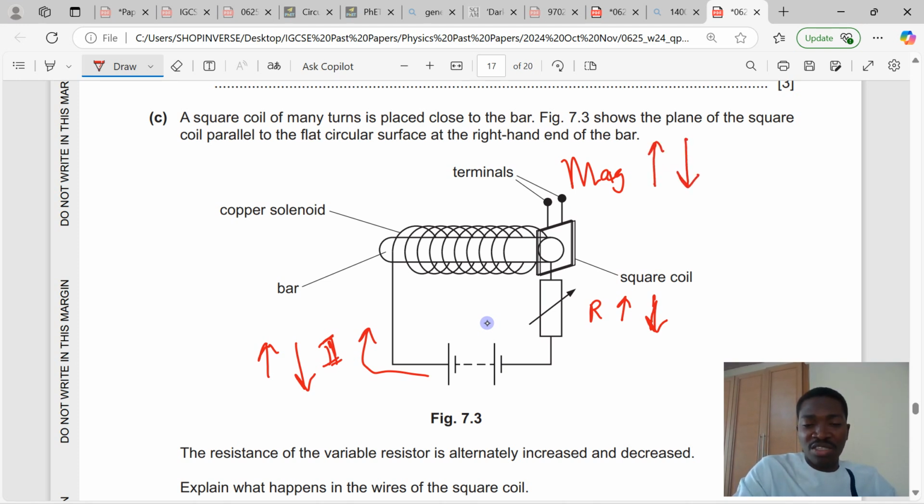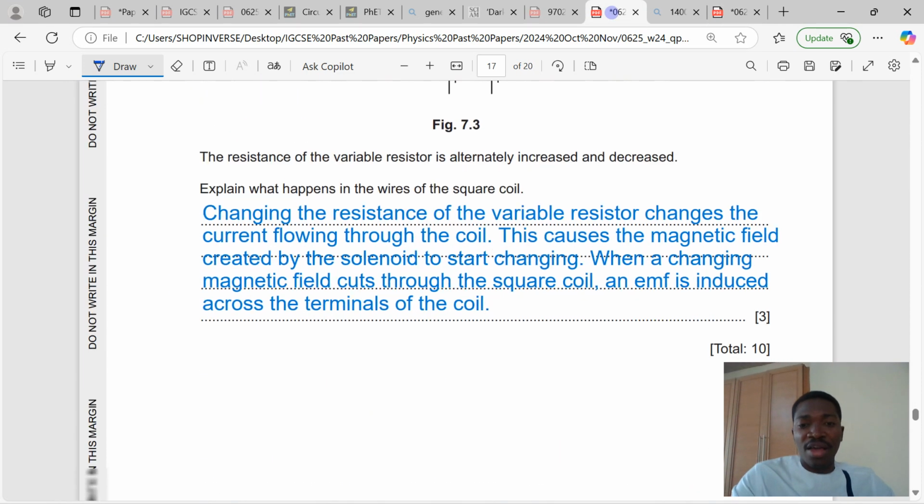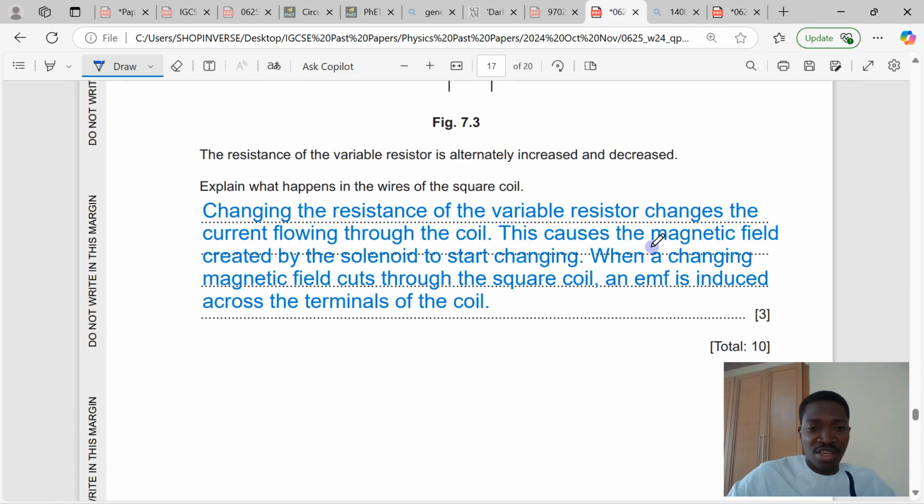So that changing magnetic field causes an EMF to be induced across the terminals of the square coil. And that is what I've put into writing here.